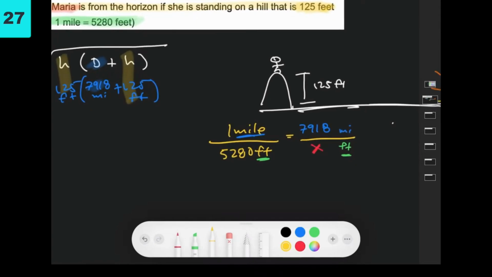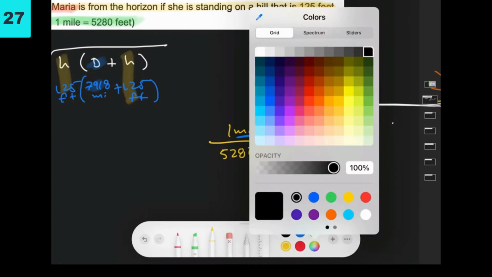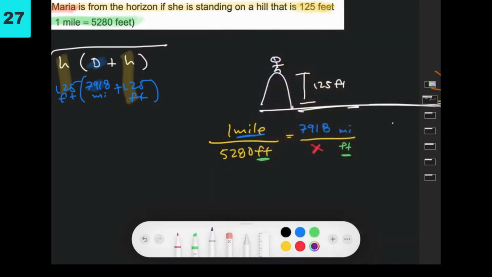And you can just do this thing called cross multiplying. Basically, it's taking 2 steps at a time, saving 1. So I'm just going to cross multiply. Let's do that one first. 1 times x is just 1x. And then if you do that same thing again, then you'll have 7,918 miles times 5,280 feet.